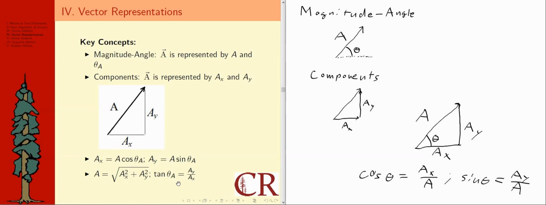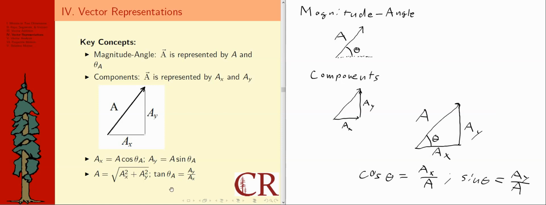And this last formula here, I like to say that the tangent of the angle is analogous to what I did with cosine and sine here. The tangent would be opposite over adjacent, so A sub y over A sub x. This is the formula that is generally used if you want to find the angle.